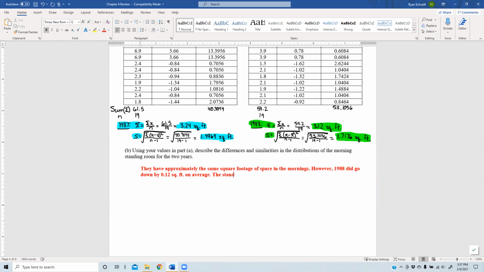The standard deviation was lower in 1987 by 0.2212 square feet, meaning that 1988 had more variation in the data.